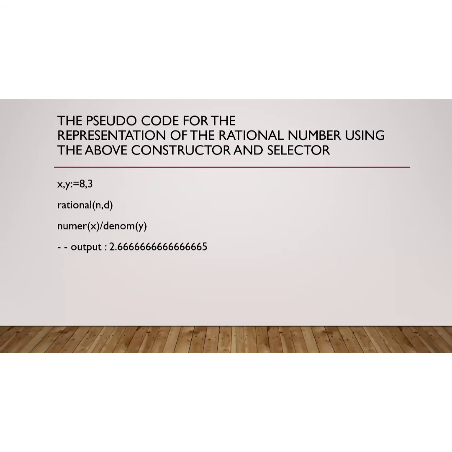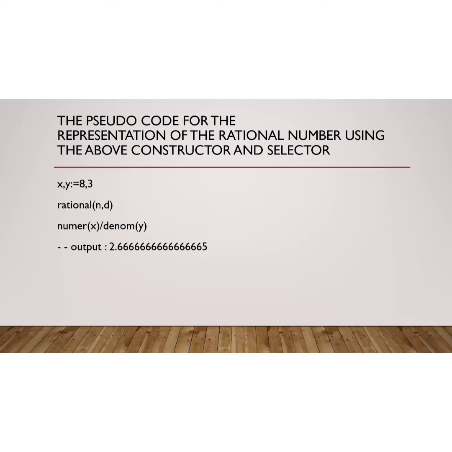Next, let us see the pseudocode for the representation of rational numbers by using the above constructor and selector using visual thinking. x, y equals 8, 3. x is a variable whose value is 8. y is a variable whose value is 3. What is the constructor function?